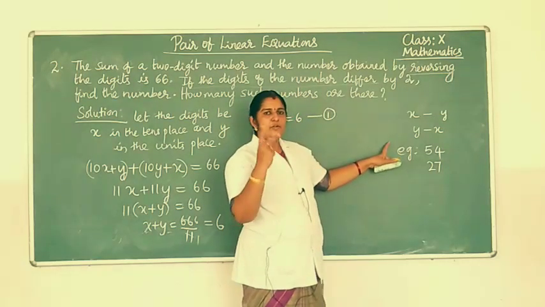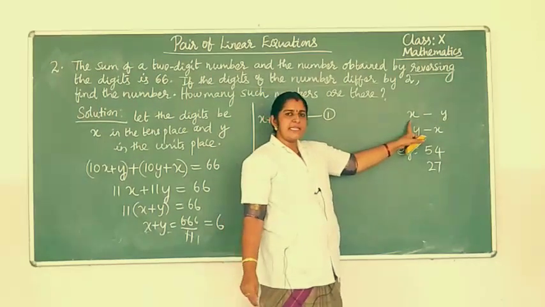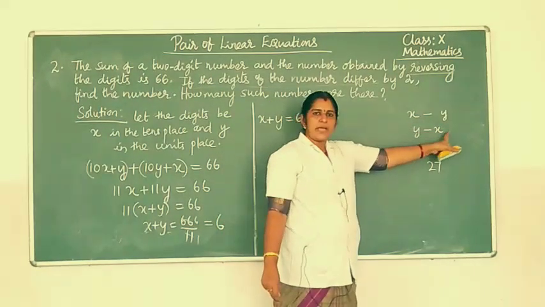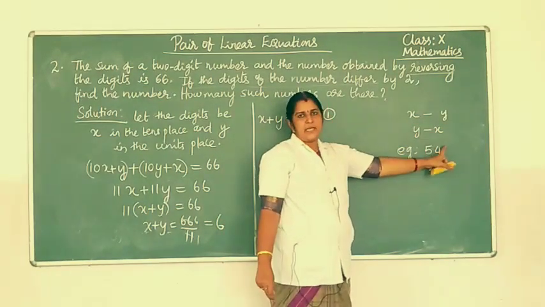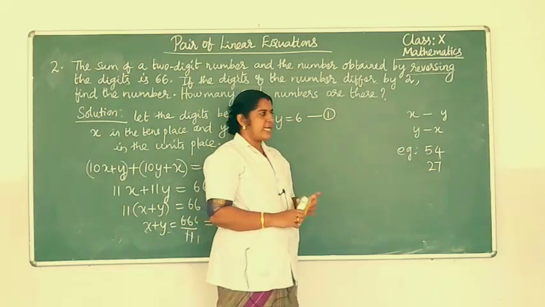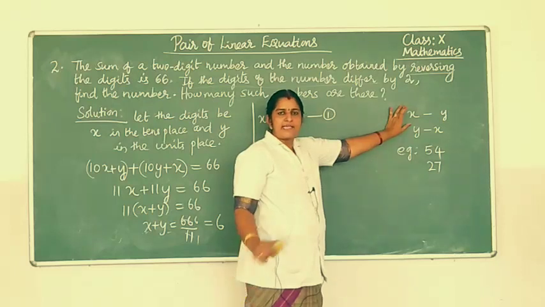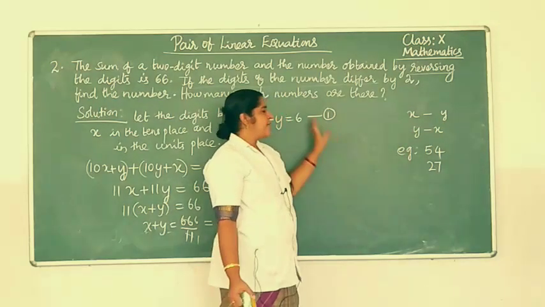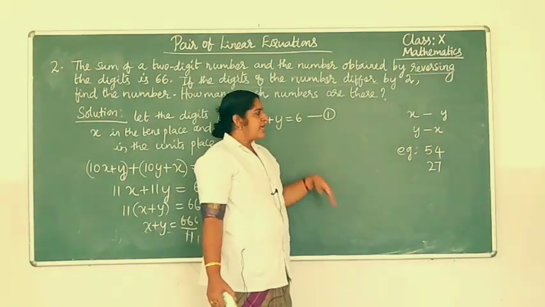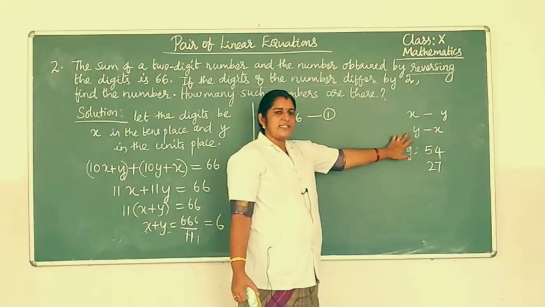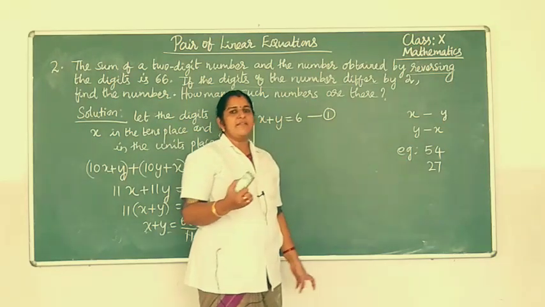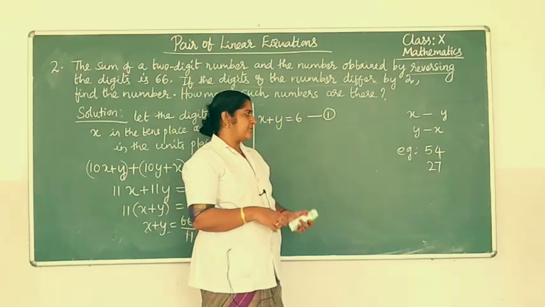So here we have two conditions. The difference means it may be x minus y or y minus x. So here we are going to consider both these two cases. That is, first we can form by x minus y an equation. We can solve for x and y. Then we will consider the second case y minus x, and again we will find out what is the value of y and x.